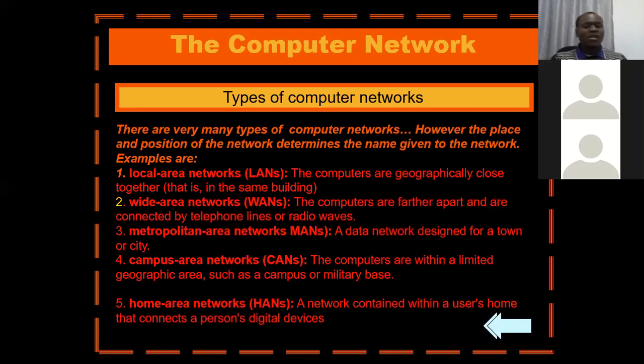Then the home network, the home area network. This network is contained within a user's home and contains a person's digital devices. For instance, you have subscribed to a particular data plan with the aid of a MiFi, let's say a Glo network plan.